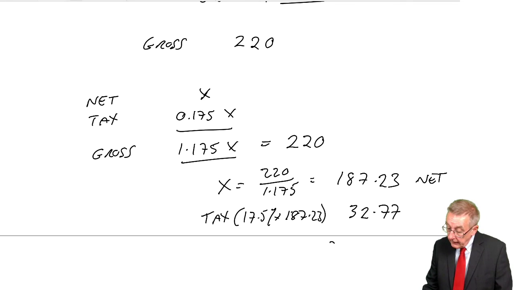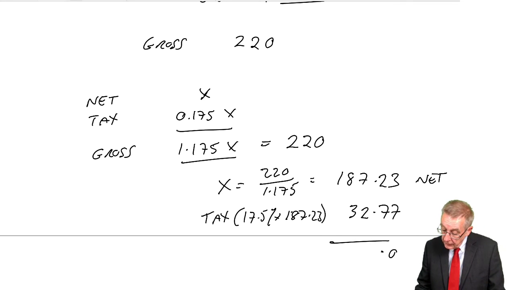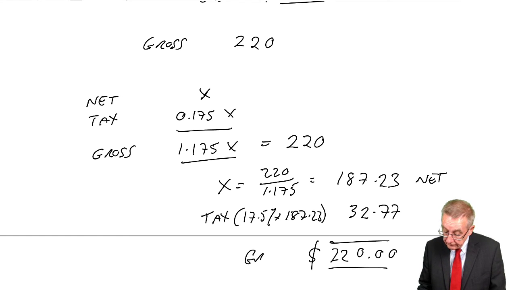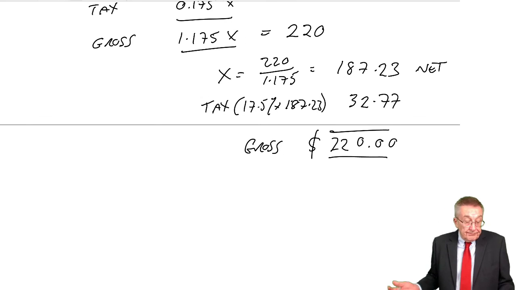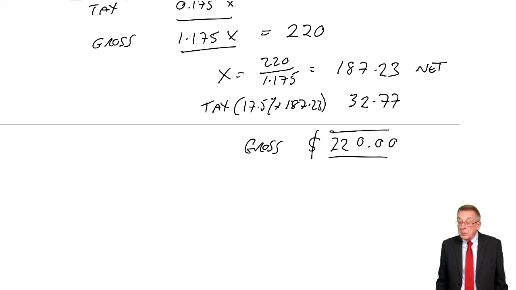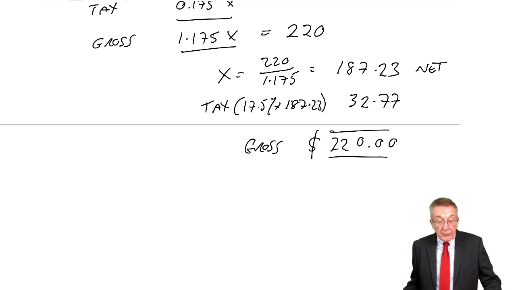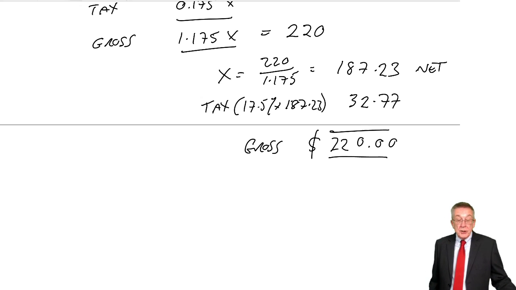And does it check? The gross price should be, yep, it does, 220. So, it's not a hard exercise, but do practice, make sure you can do it. Because once you've got it, this is somewhere you should be able to pick up marks quickly.